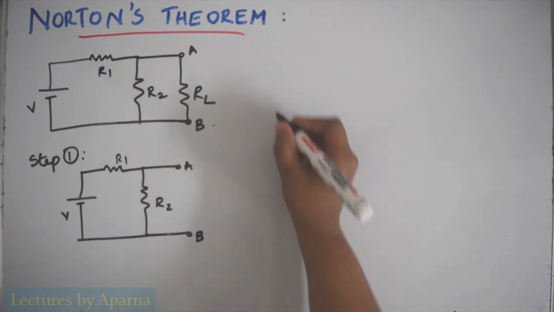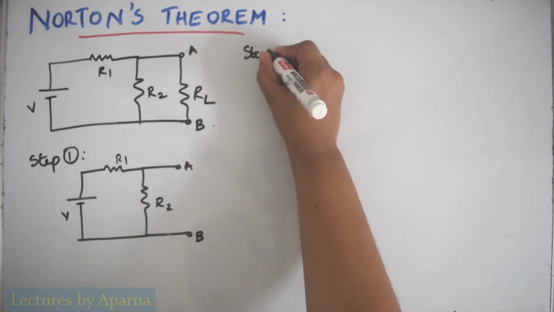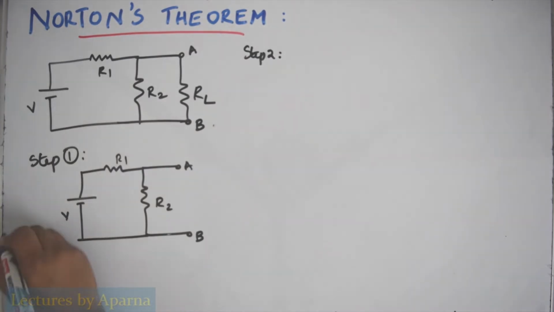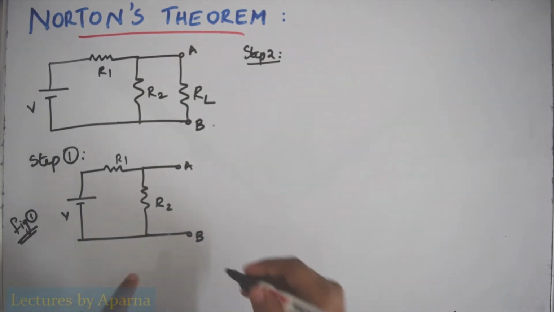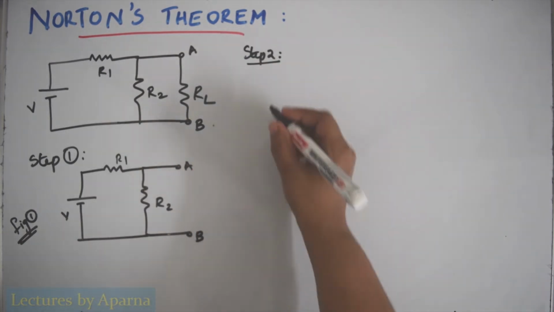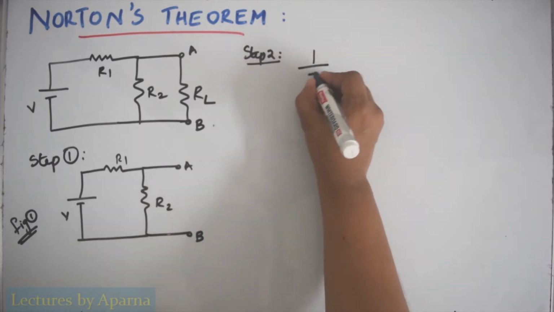The next step, step 2, let this be figure 1. Step 2, I have to short circuit this AB. So that it will be like this.